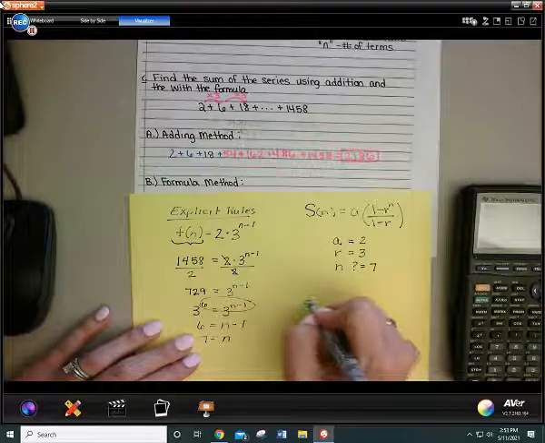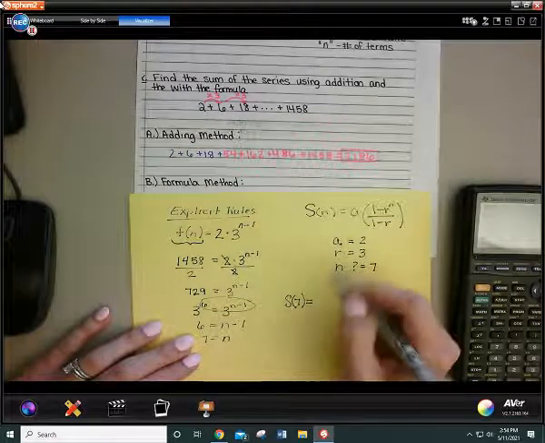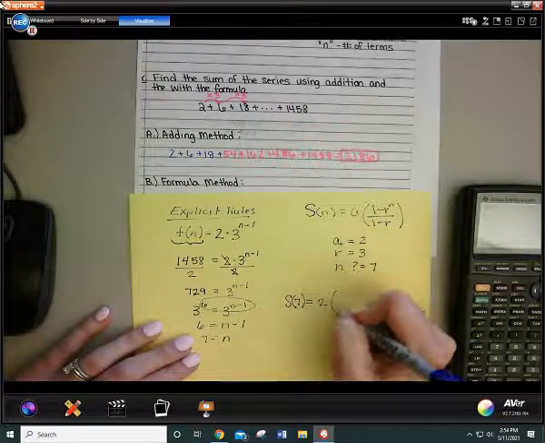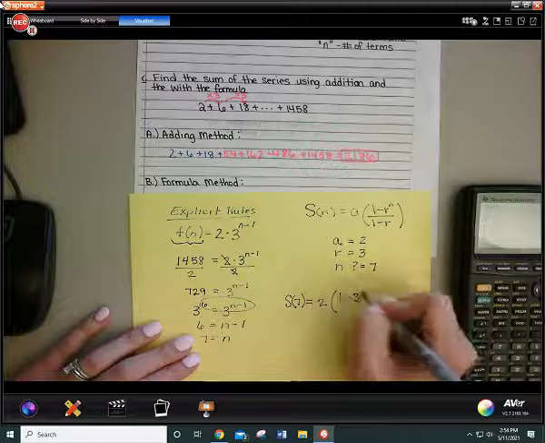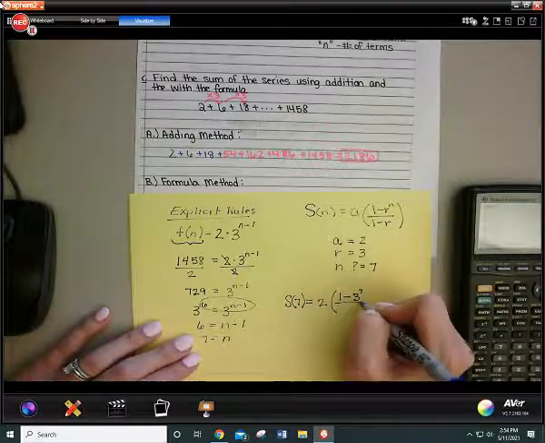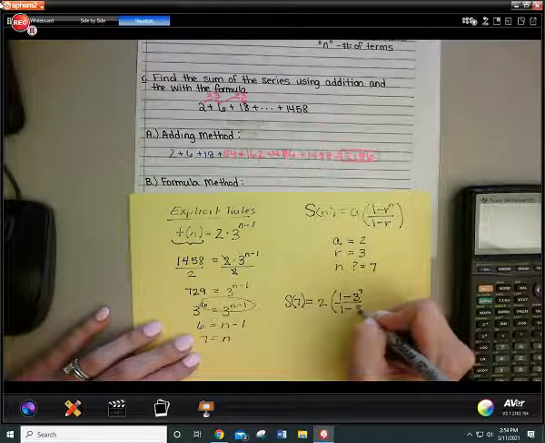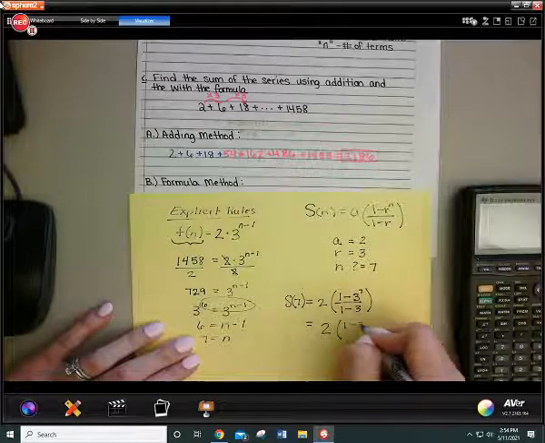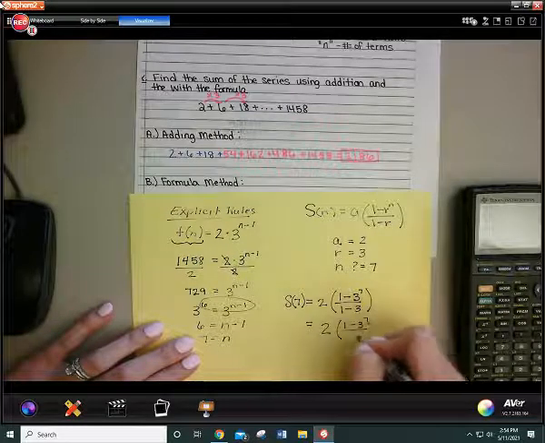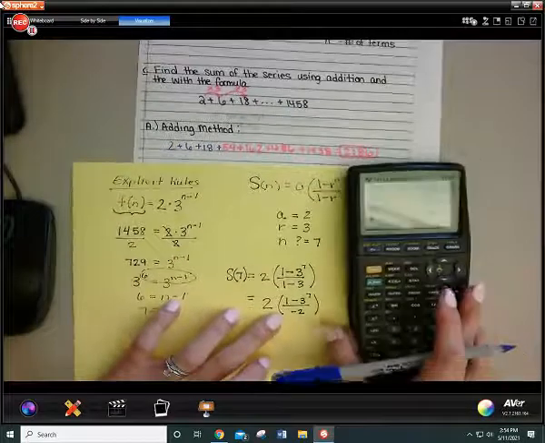So the sum of the first 7 terms is going to be the first term, 2, times 1 minus 3 to the nth term, which is 7, over 1 minus our r, which is 3. So I'm going to do 1 minus 3 to the 7th over negative 2. I have to be careful with how I type this into my calculator.